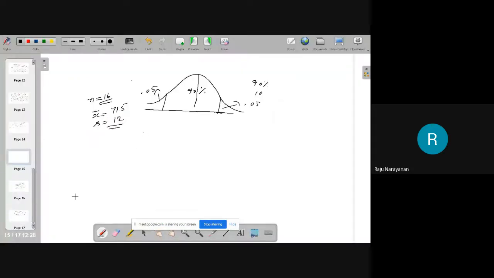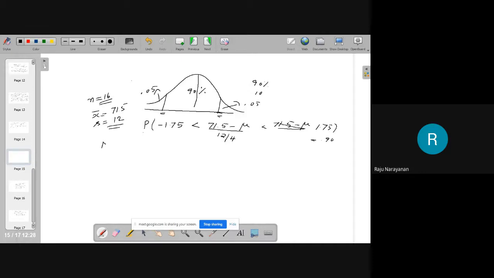Minus 1.75. Therefore, probability that minus 1.75 less than x bar minus mu by s by root of n, less than 1.75, with x bar 71.5 minus mu, is 0.90. This is the lower limit, this is the upper limit. In between, the area is 0.9.